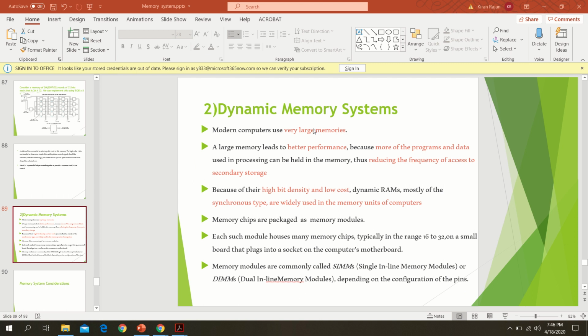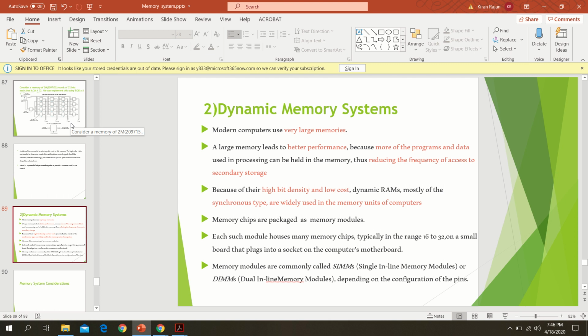The design of the dynamic memory system is also similar to that of the previous one, static RAM. But dynamic RAMs, that is DRAMs, are mainly used as main memory because of their high bit density and low cost. And among the dynamic memories, the synchronous DRAMs are most commonly used because they are very fast.